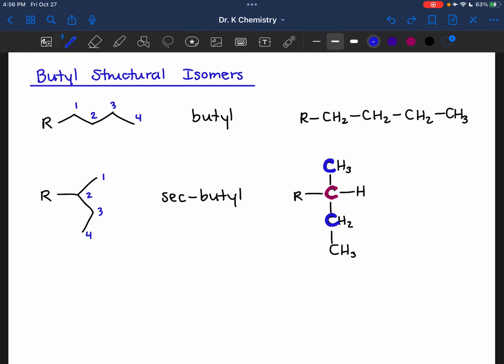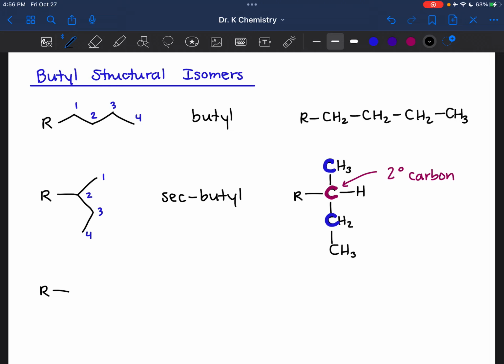So this carbon in pink right here, that is a secondary carbon. And that's where this prefix sec comes from. This is telling us that the butyl substituent is connecting to the main chain through that secondary carbon. So these prefixes can kind of help distinguish between these different types of isomers.